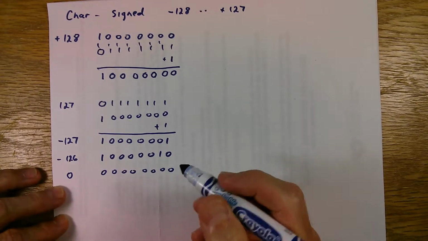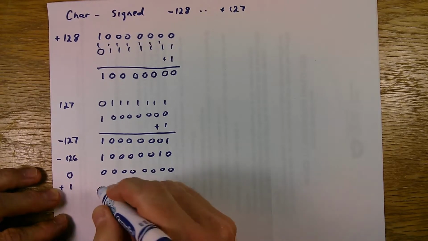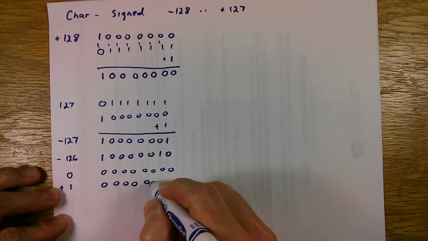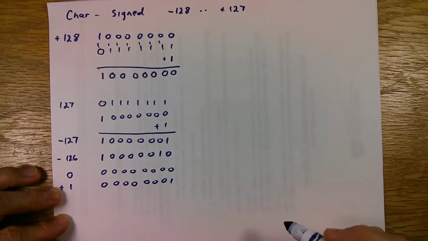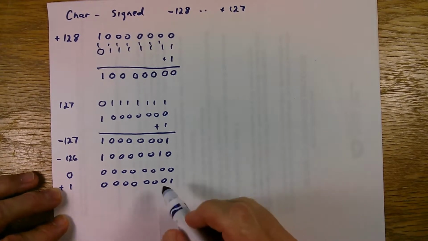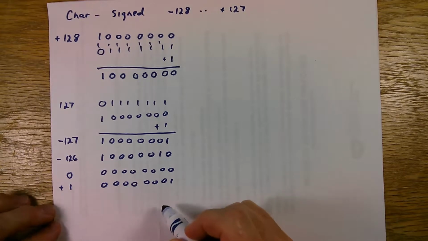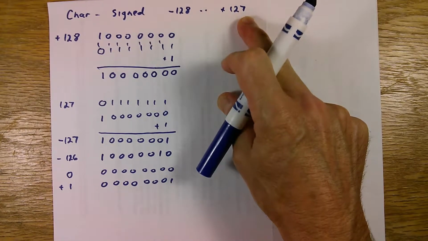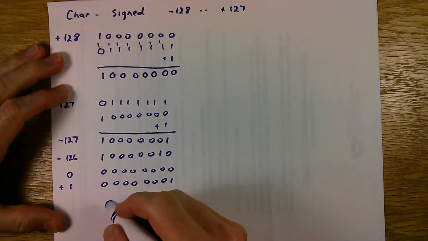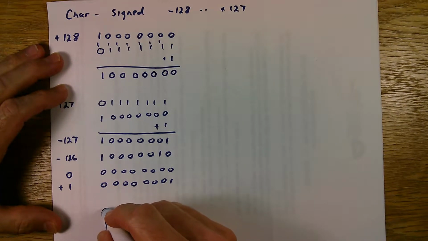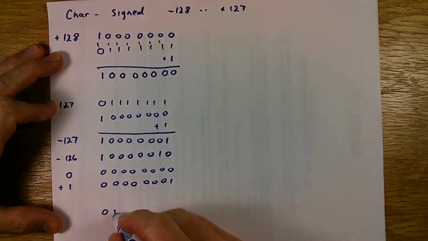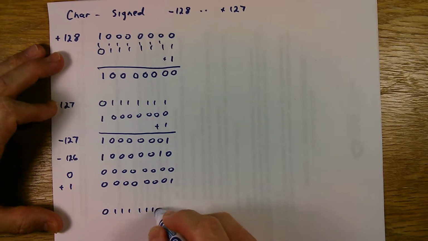So a plus 1 is 0, 0, 0, just like the normal binary 1. And 2, etc., 3, so on and so forth, all the way up to plus 127. So plus 127 is going to look like what we had up here, 127. 0, 1, 2, 3, 1, 2, 3, 4.